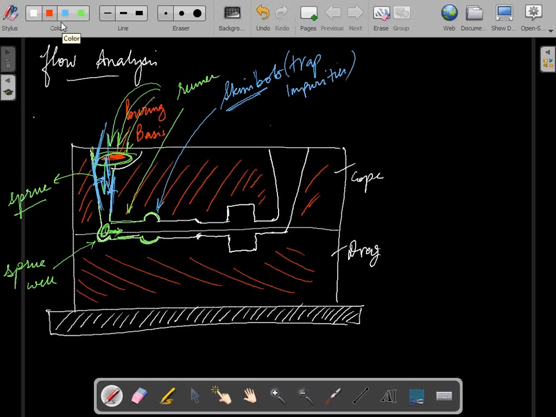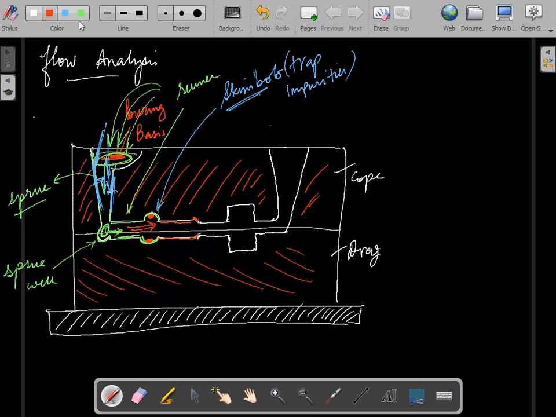If the impurities are heavy as compared to the molten metal, heavy means the density is high, they will settle down at the bottom, and if the density of the impurity is less than that of the molten metal, it will be floating at the top, and the pure molten metal will continue along the runner.